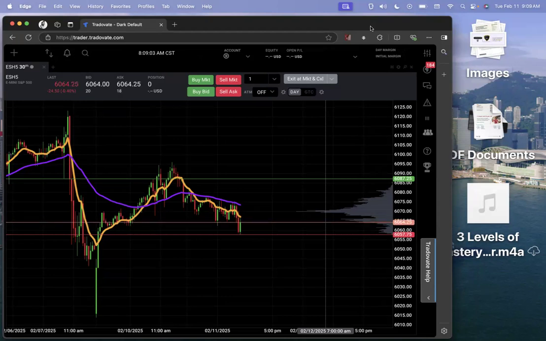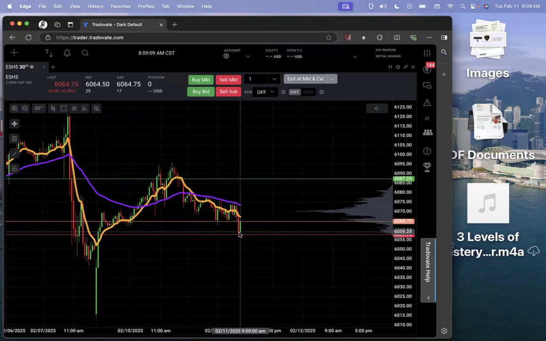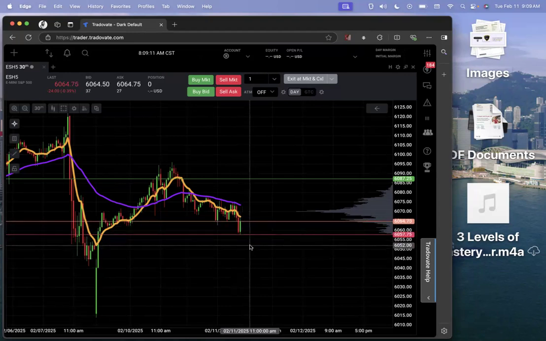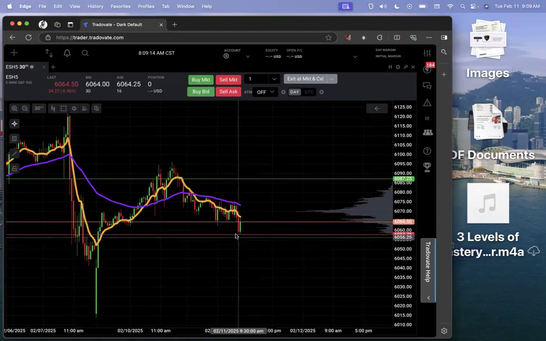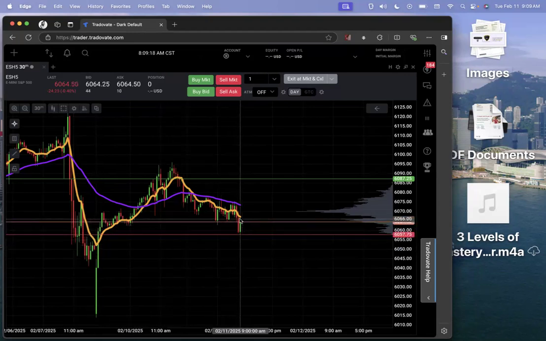So here's where we're at currently. We're right at 60.60. Obviously we came a bit below that, kind of touching 60.58. We see that this red line is currently creating a level for us.